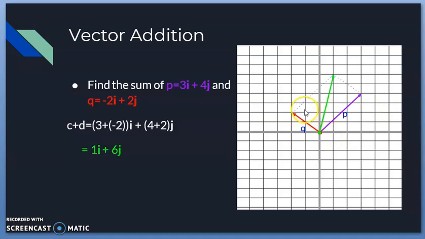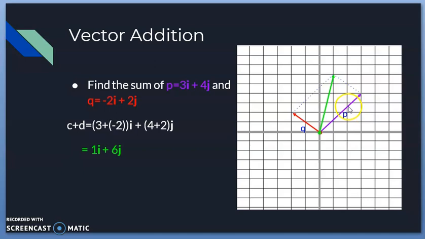So here's a visual representation of the parallelogram method of adding vectors. Again, since they share an initial point, you can't just draw a vector from here to here or here to here. What you'll have to do is start the vector at the convergence of these two vectors and then end it based on the distance that's created by a parallelogram.